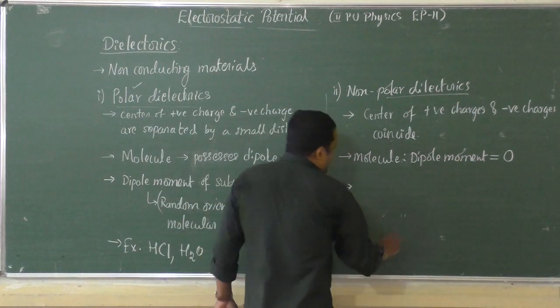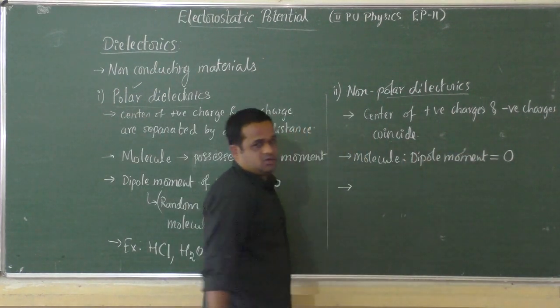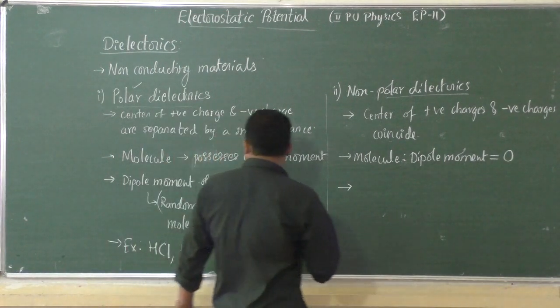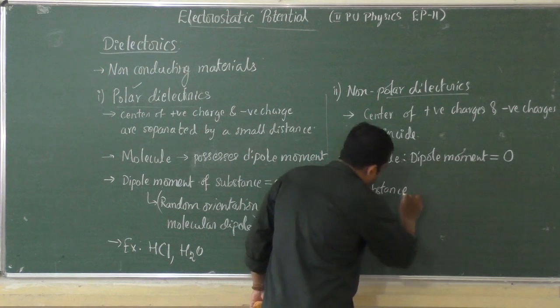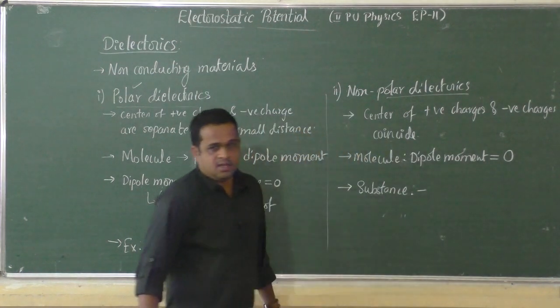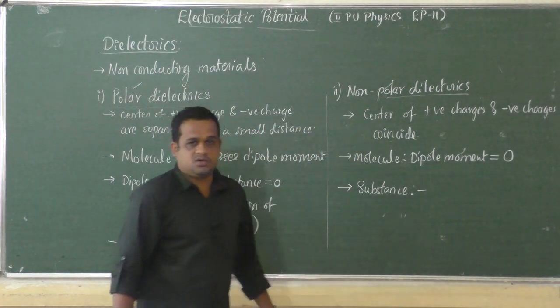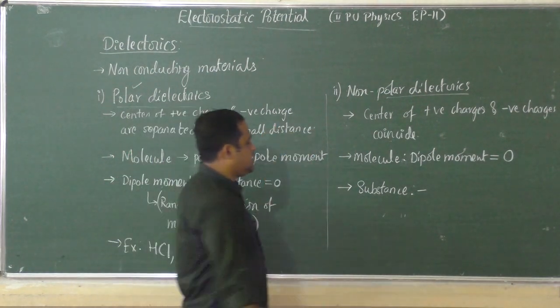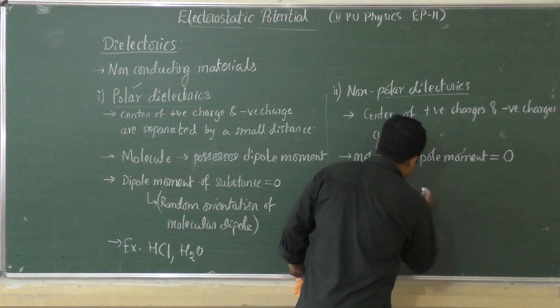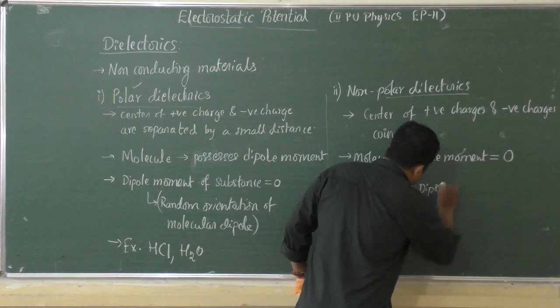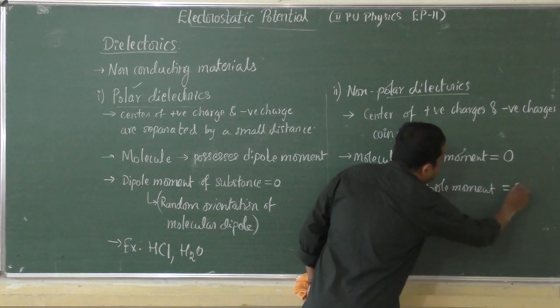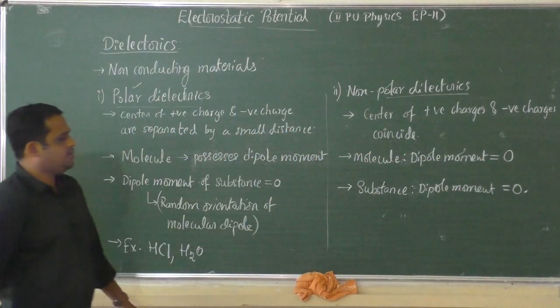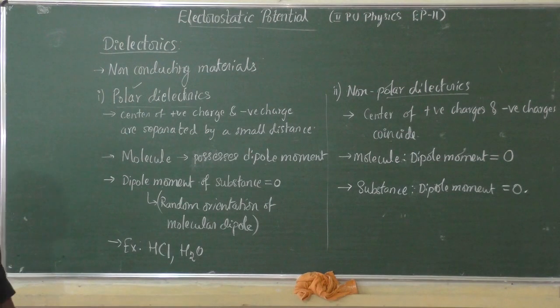If the dipole moment of the molecule itself is equal to 0, then if you consider the dielectric material, and add all those values, once again you will get 0. Therefore the dipole moment of the substance or material will also be 0.